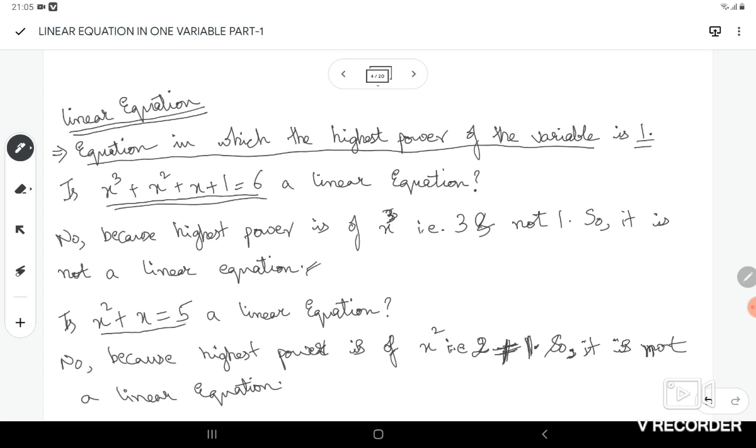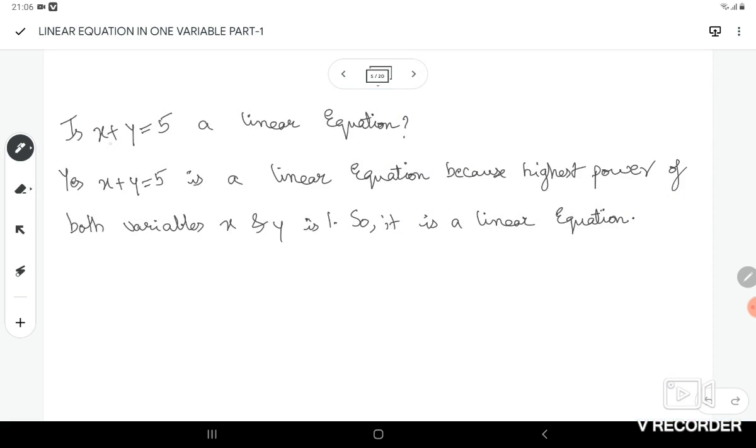Is x square plus x equal to 5 a linear equation? No, it is not, because the variable x in this equation has highest power equal to 2 and not equal to 1. So it is not a linear equation, as a linear equation has highest power of variable equal to 1.